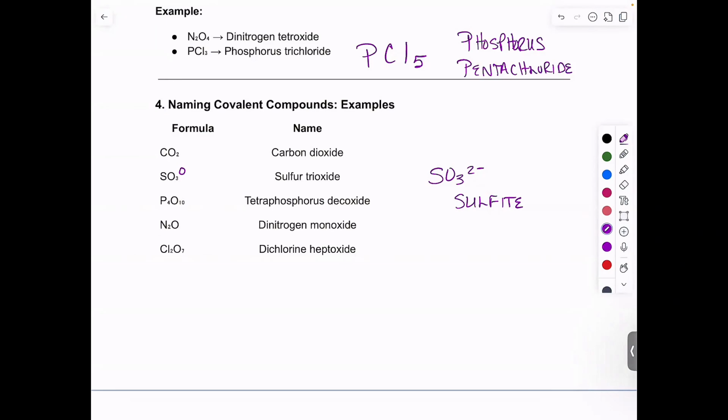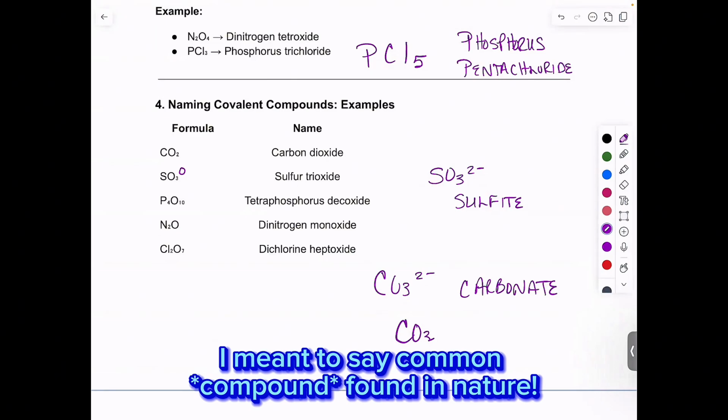And then some, like for instance CO3, I don't think that's actually CO3 2 minus. That's your carbonate. I don't think there may be a neutral CO3 out there. They might not always be stable or commonly found in nature, so you don't have to concern yourself with naming them.